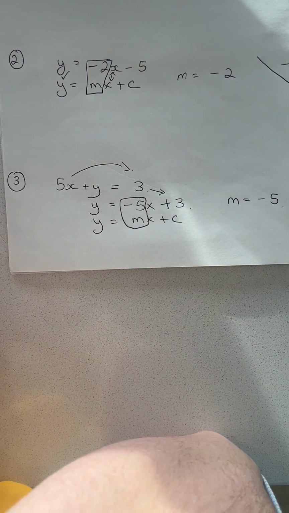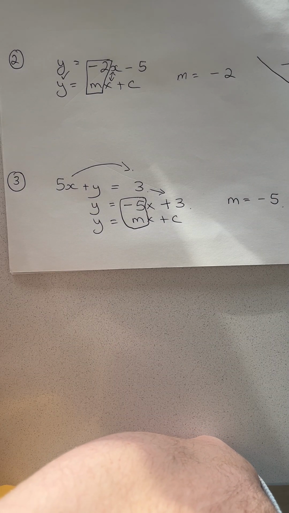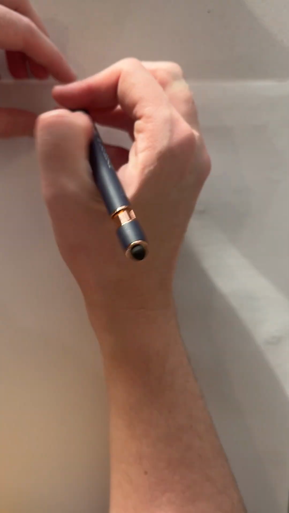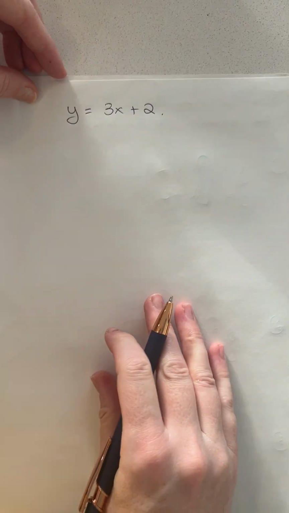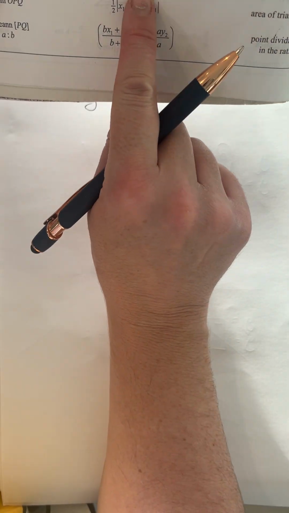If you don't like algebra and you want to do this a different way, that's fine as well. Like that very first line, y equals 3x plus 2. Maybe you don't like using that rule.